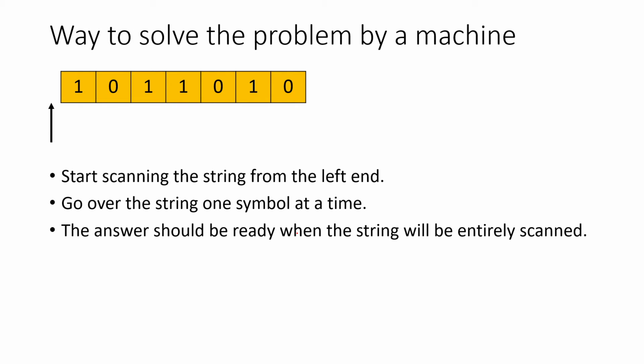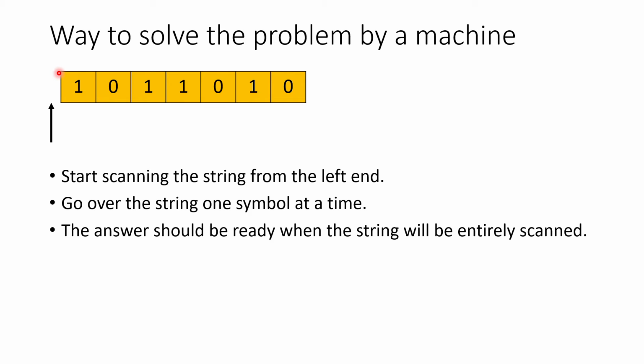So this is the situation that I am trying to express: you have some input string which is present in a tape. Assume that this is a tape, and this single part is a cell of the tape. A single cell contains one bit of information, that may be 0 or 1.